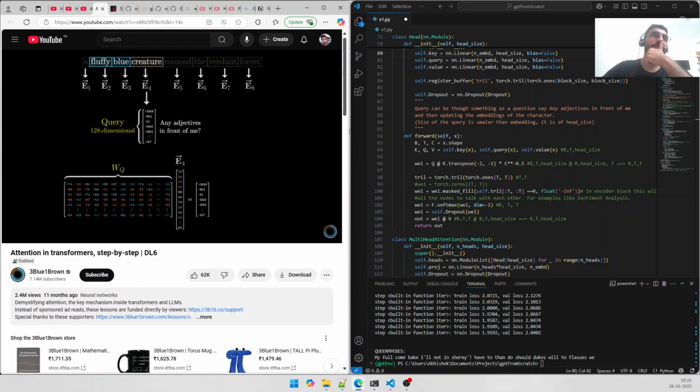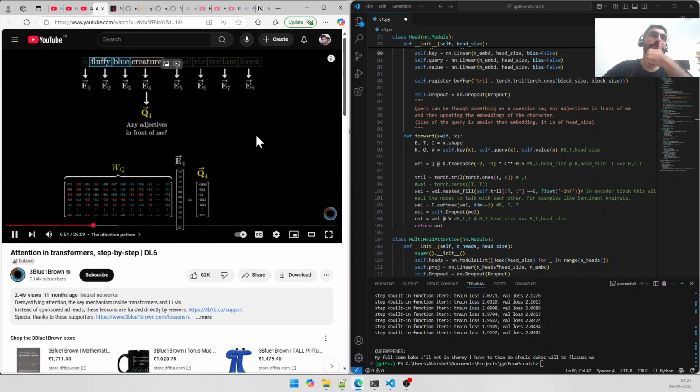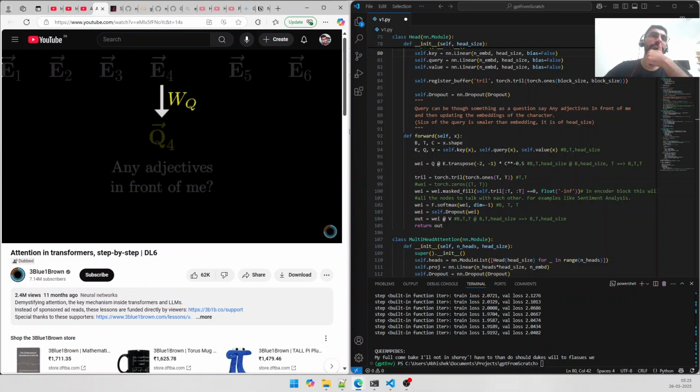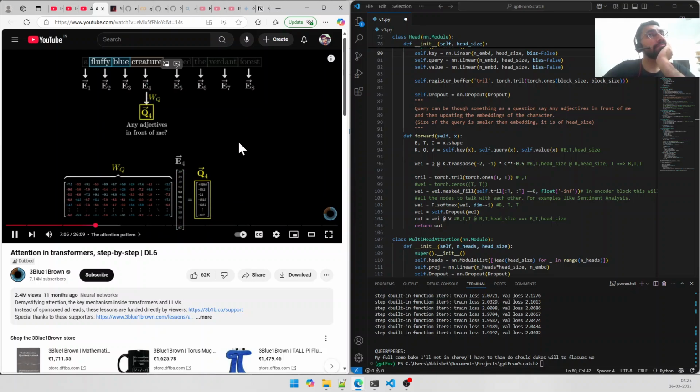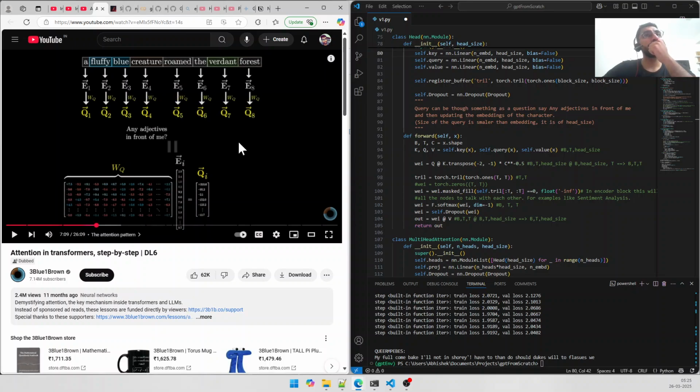Compressing things a bit, let's write that query vector as Q. And then anytime you see me put a matrix next to an arrow like this one, it's meant to represent that multiplying this matrix by the vector at the arrow's start gives you the vector at the arrow's end. In this case, you multiply this matrix by all of the embeddings in the context, producing one query vector for each token.